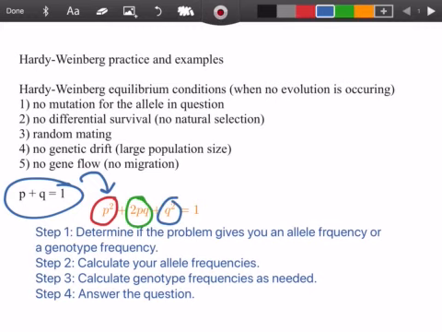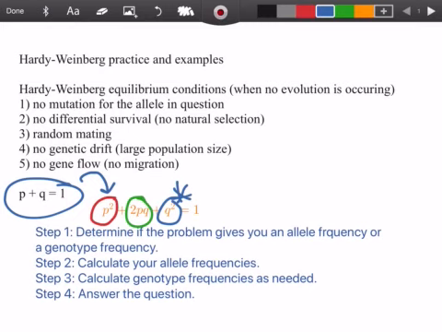Finally, q squared, which is the one we're going to use the most, is going to be equal to the individuals who are homozygous recessive and therefore have the recessive phenotype. Now, this is really useful information because if you know the recessive phenotype, you also know the recessive genotype, and that's going to be the basis or the starting point for a lot of our equations.